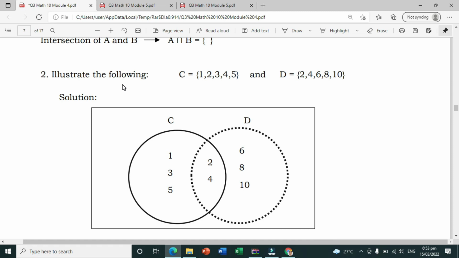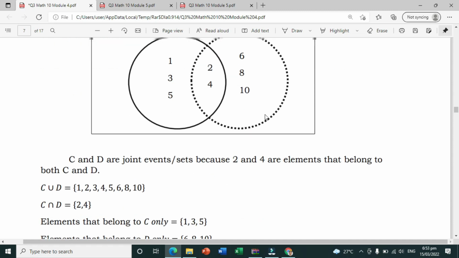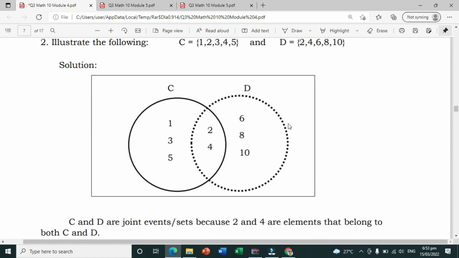Illustrate the following. We have C: 1, 2, 3, 4, 5. And sa D naman, 2, 4, 6, 8, and 10. So, question. May makita ka bang numbers na meron si C at the same time meron din kay D? Ano kaya yon?